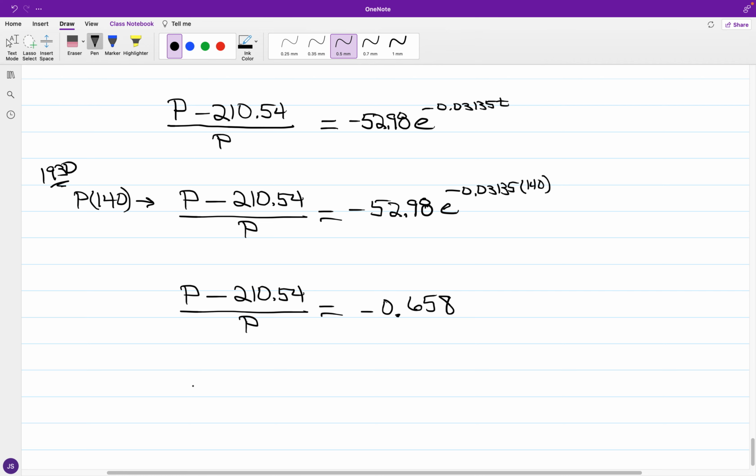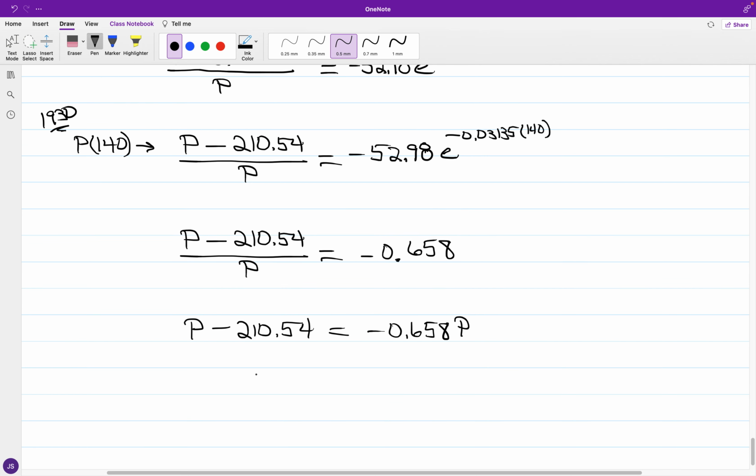If I multiply both sides of the equation by P and get the P term by itself on the right, and take P away, we have negative 210.54 equal to negative 1.658 P. With P as the projected population for the year 1930, that is about 127 million.